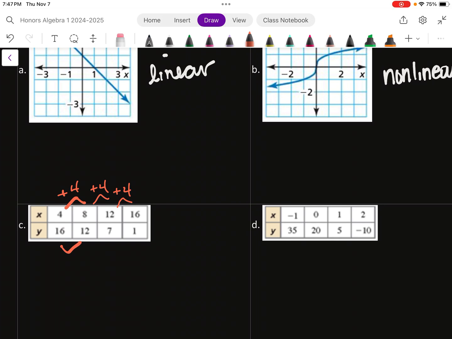This guy here is minus 4. Oh, that's minus 5. And that's minus 6. So no, this is non-linear, and that's specifically because this is not the same. It would need to be minus 4, minus 4, minus 4 for it to be linear.